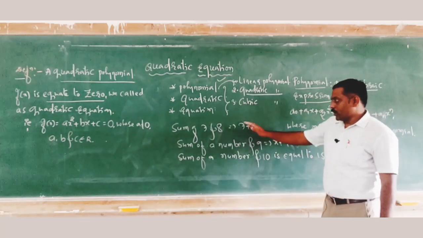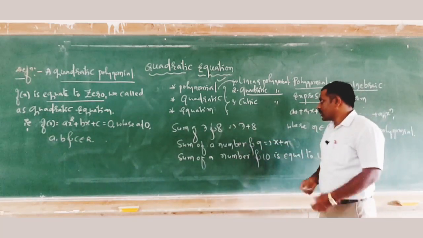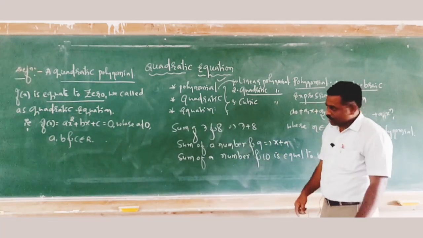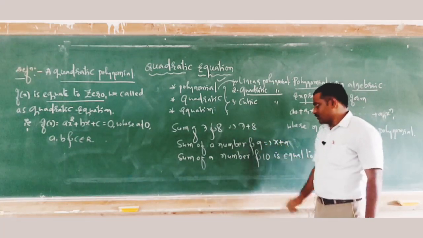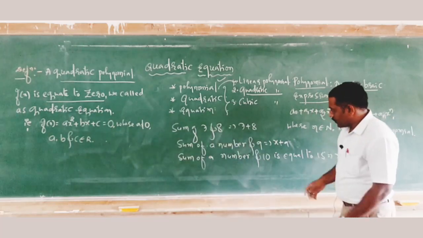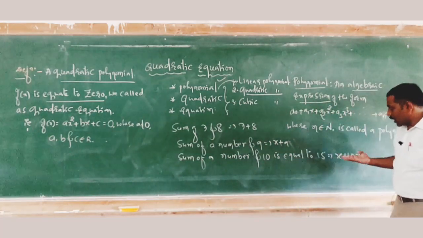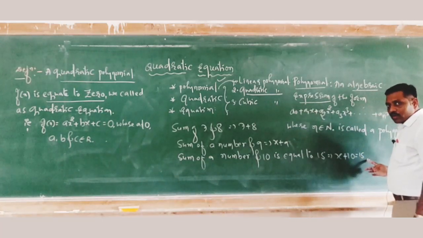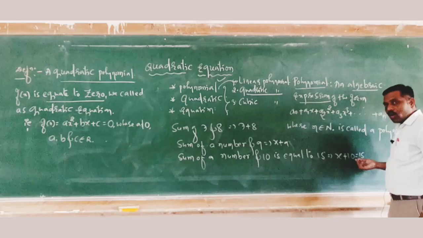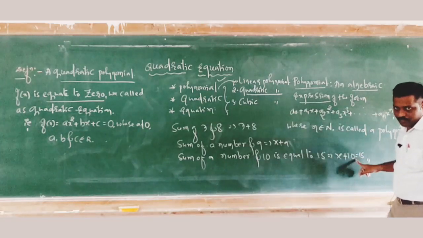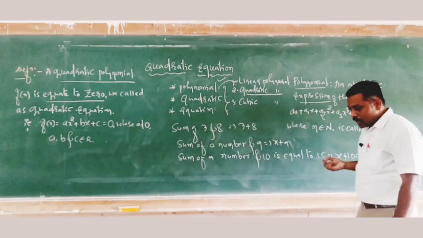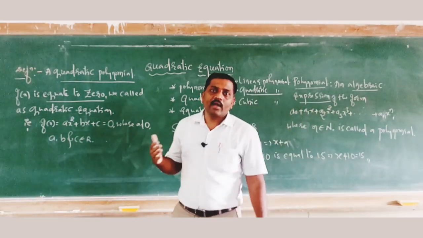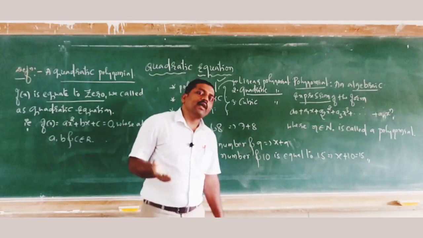Looking at these three statements, the first one and second one are expressions. Are you agree? Next, the third one is an equation, because it contains the symbol equal, which equates the left and right sides, and that is nothing but an equation.